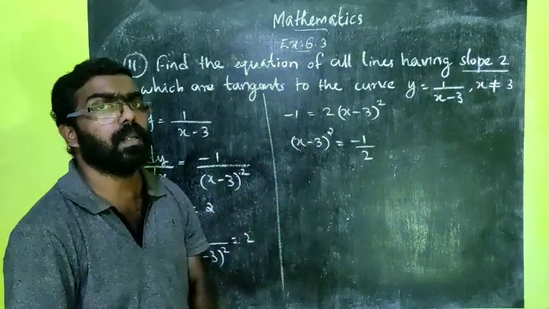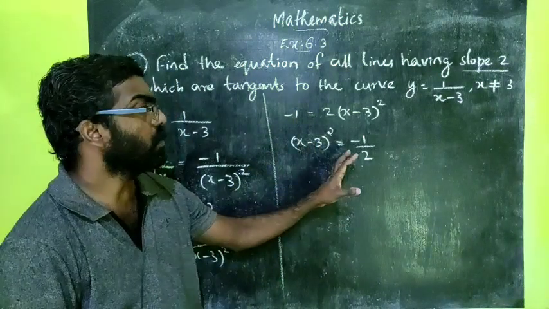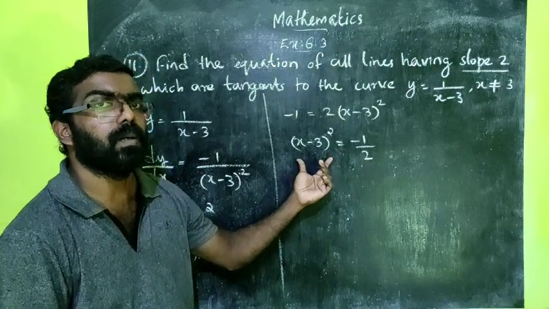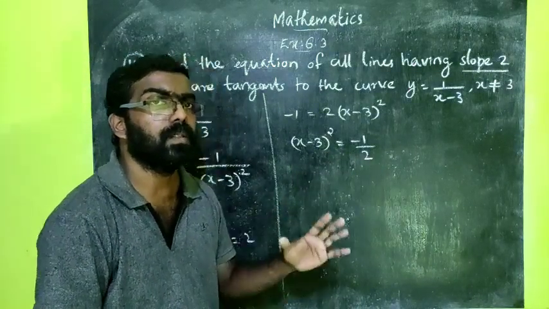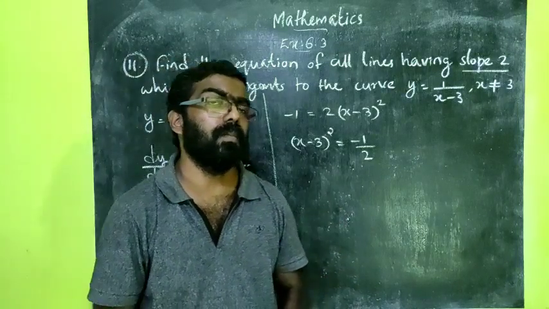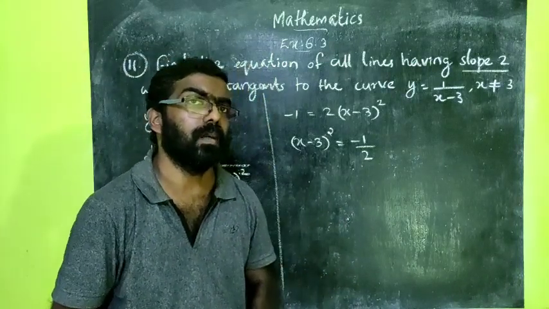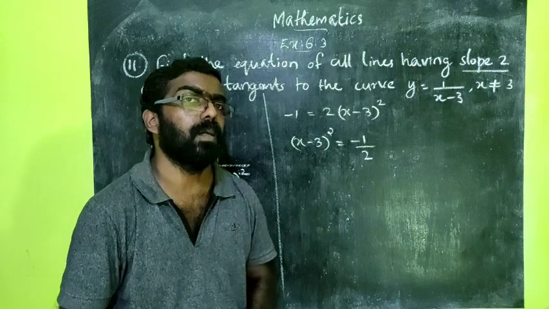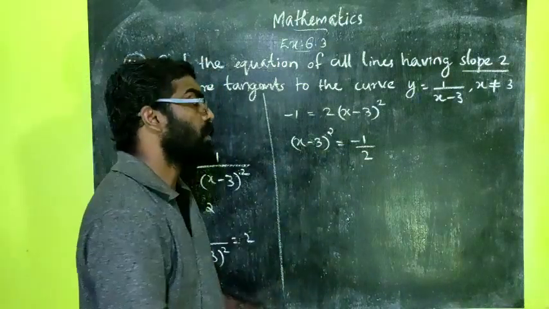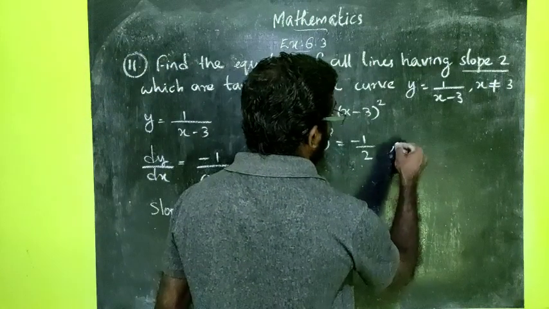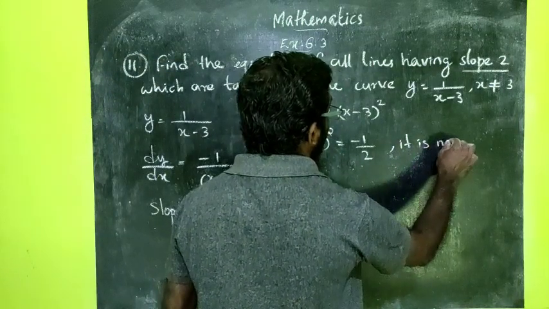That is, x minus 3 the whole square is equal to minus 1 by 2, but it is not possible because while taking a square we don't get a negative value. No negative number can be the square of any number. So the given situation is not possible.